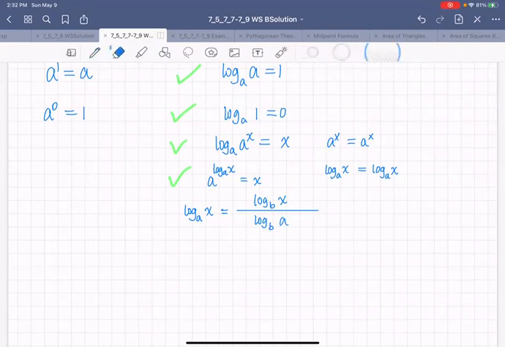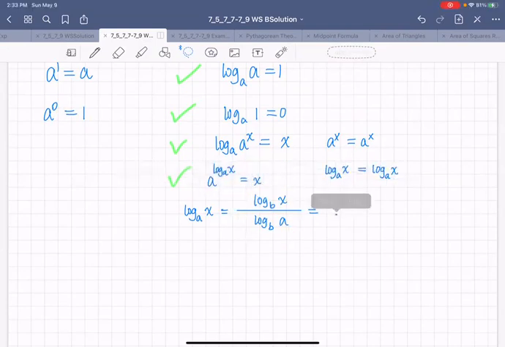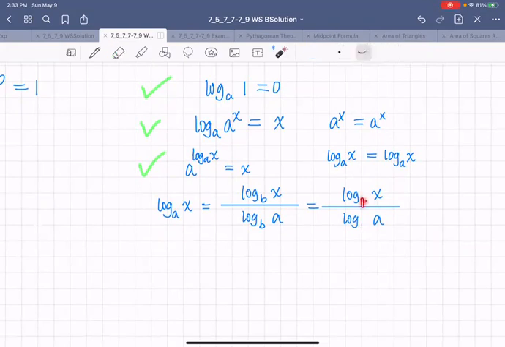I can choose my b to be any positive number. You say, teacher, can I make b equal 10? Of course, you can make your b equal 10. If you make your b equal 10, that's going to be log x. By default, if it's 10, you don't need to write it. If I don't write any base number here, by default, this guy is 10.